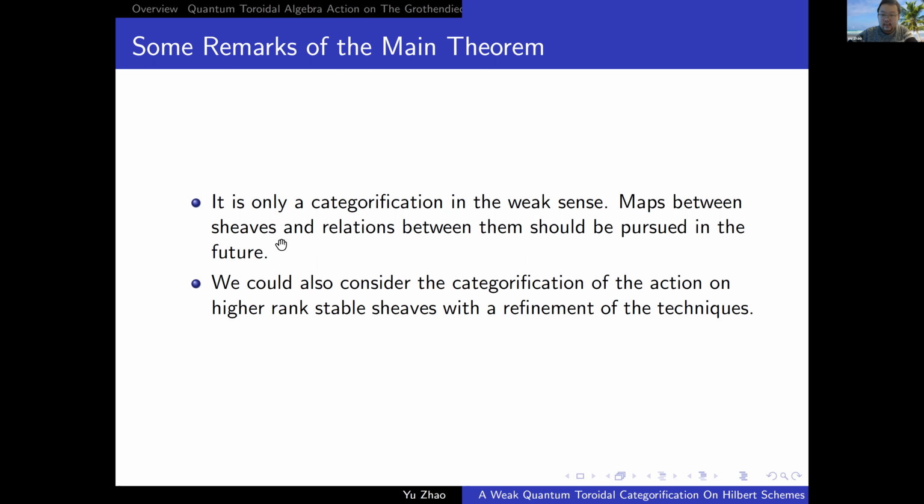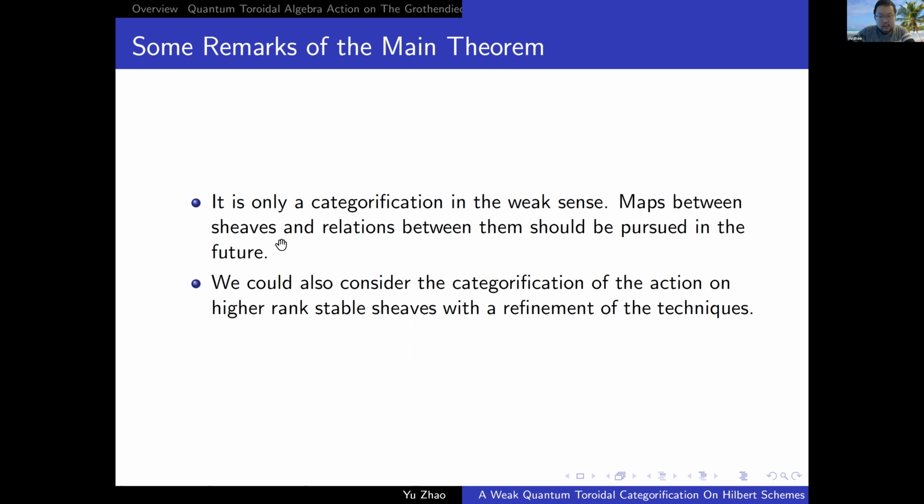Another thing is that we could also consider this kind of case, because the quantum toroidal algebra could also act on the higher rank stable sheaves on an algebraic surface, and we could also consider categorification of the action for the higher rank stable sheaves. But there is some difference from what we introduced here and this setting.